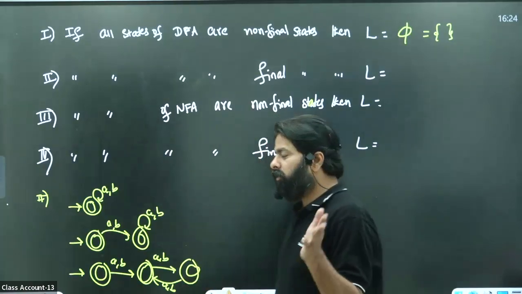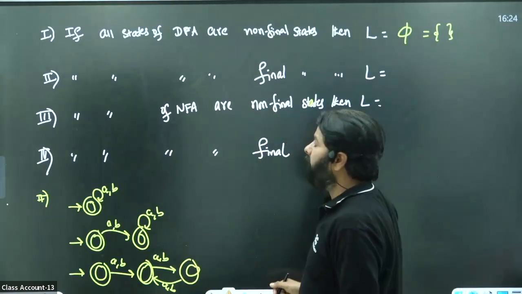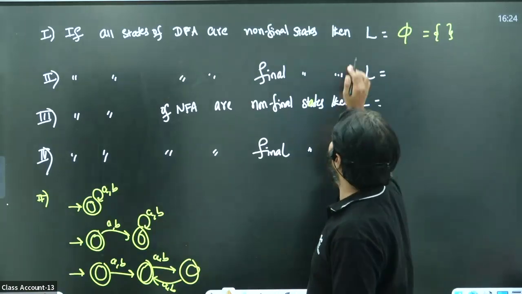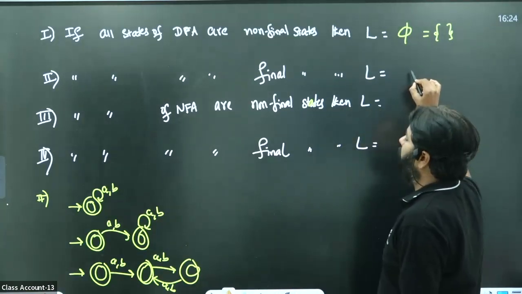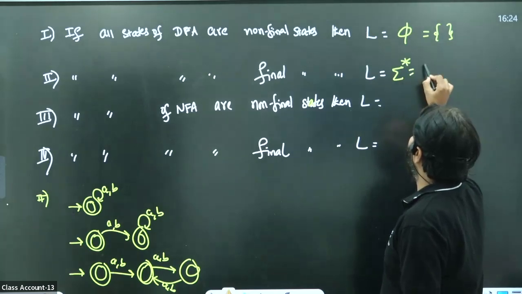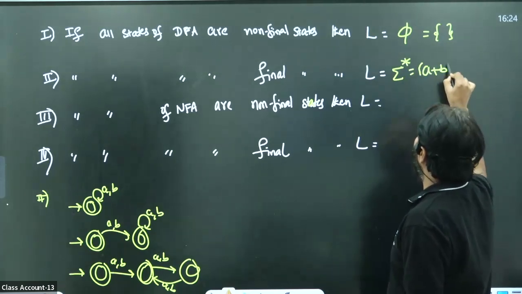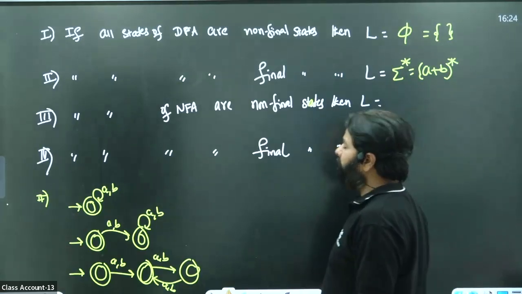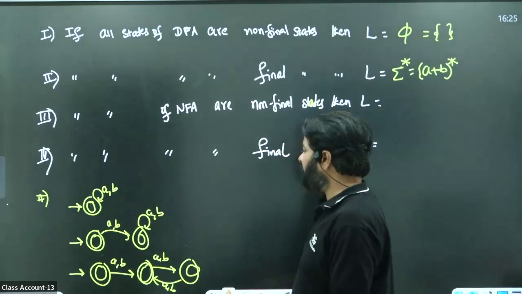You will accept it, because every string will halt at a final state. So here you will have sigma star. Whereas in an NFA, can you guarantee this?